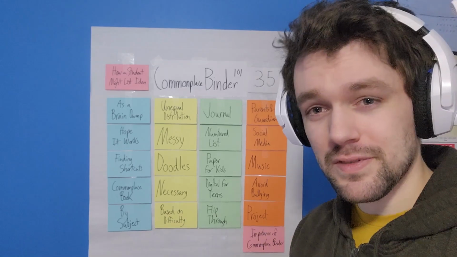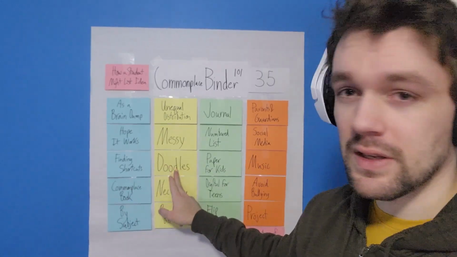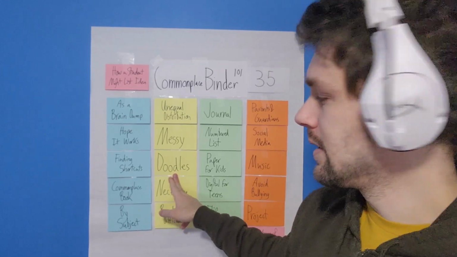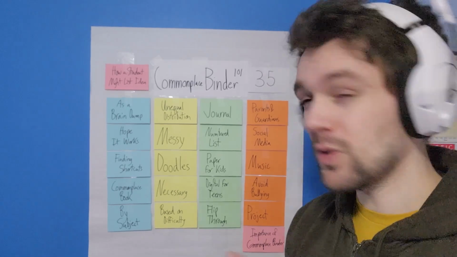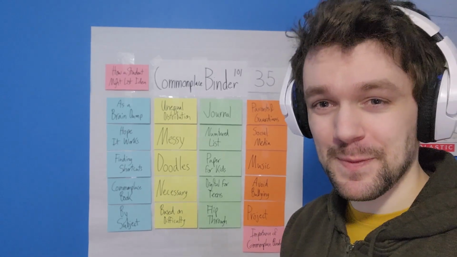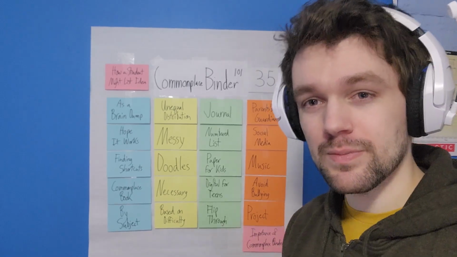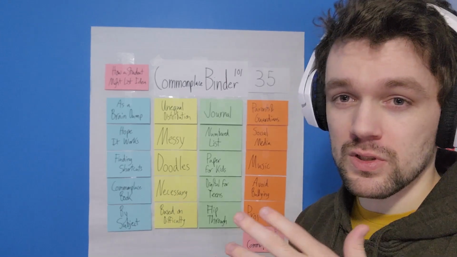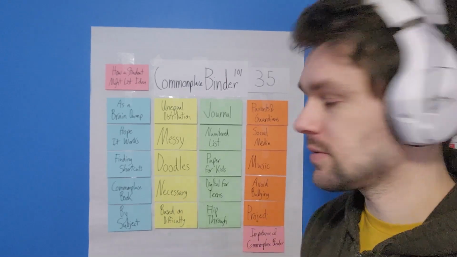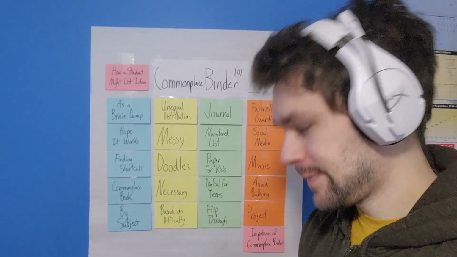Doodles. How do doodles fit into this? Well, a student might add some doodles, but in a normal Commonplace book or a binder, you might also add some doodles. Normally, because these are the notes that are actually super important, there won't be as many doodles, but there will sometimes be actual high quality artwork, which is there to prove a point of some kind. Is the art necessary?